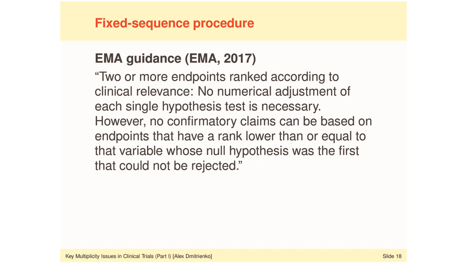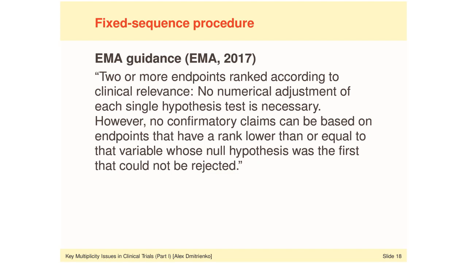No numerical adjustment of each single hypothesis test is necessary. However, no confirmatory claims can be based on endpoints that have a rank lower than or equal to that variable whose null hypothesis was the first that could not be rejected. What is important for us to remember here is that no confirmatory claims can be pursued for the tests that turn out to be significant but are placed after a non-significant test, according to a prospectively defined testing sequence.